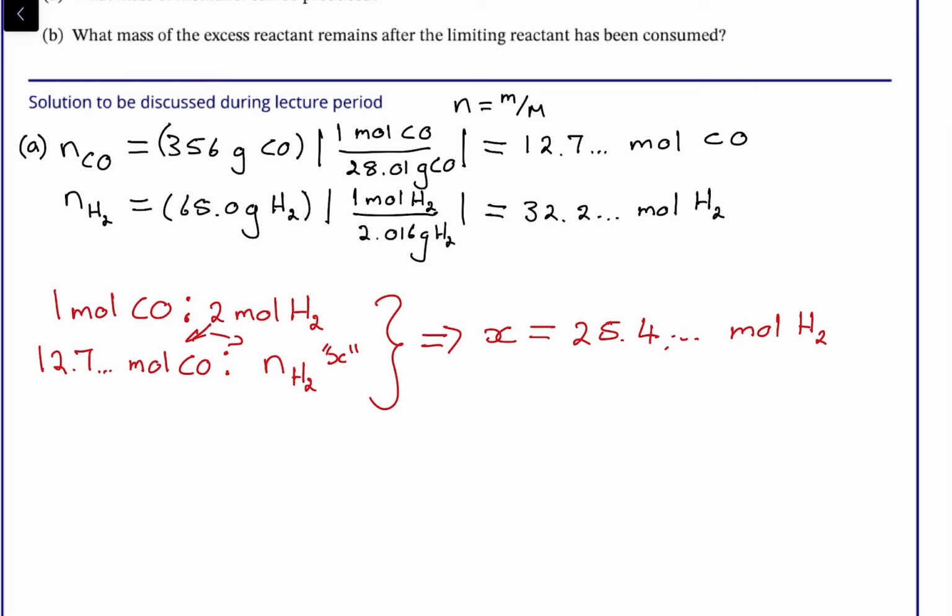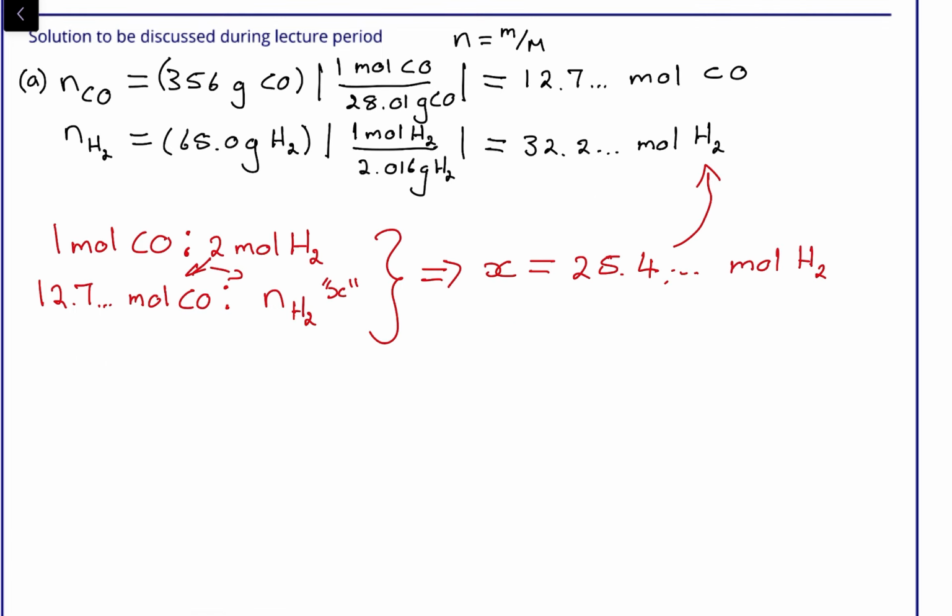Did you calculate that? Yes, you calculated that. That's how much you have. We have 32.2 mole. Do you agree that 32.2 mole hydrogen is more than 25.4 mole hydrogen? Indeed it is, right? So that means from this calculation that we did here, our hydrogen is in excess.